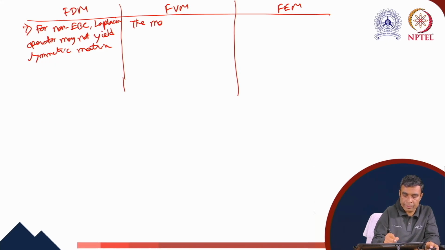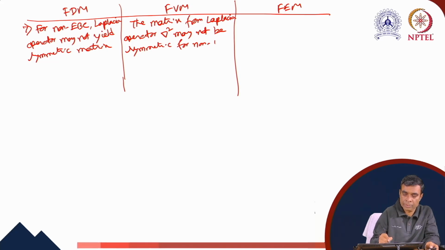The matrix from Laplacian operator del square may not be symmetric for non-EBC nodes.